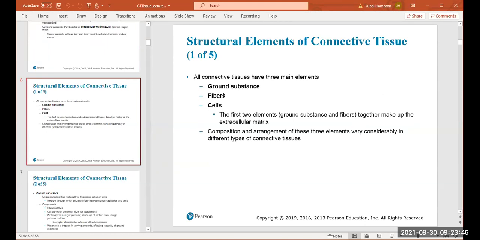The ground substance is part of this matrix, and there's going to be fibers and cells. Fibers like collagen or elastic. And then, of course, the cells themselves.